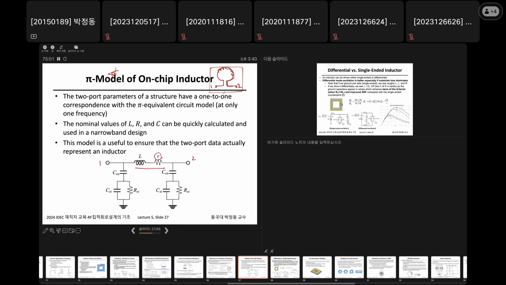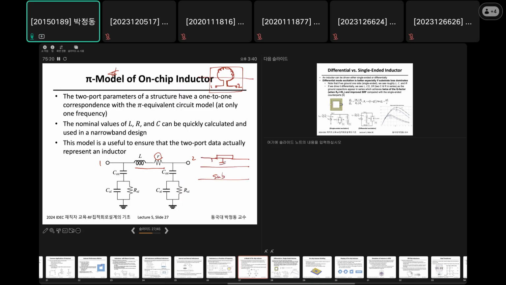If you take a look at the cross-sectional view, it is something like this: metal layers in the back end of the line, and the silicon substrate, and these are oxide layers.